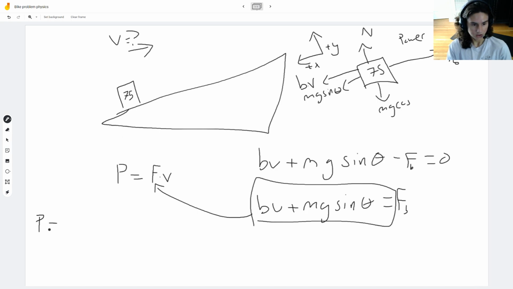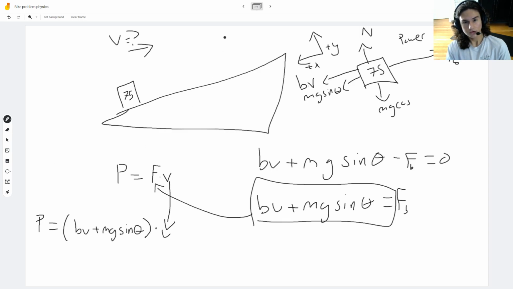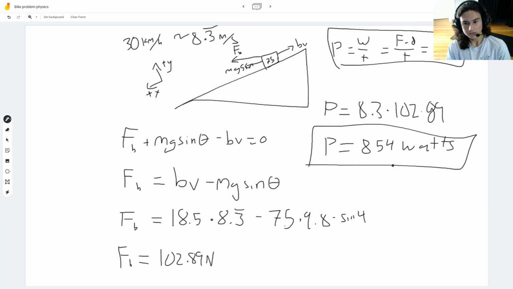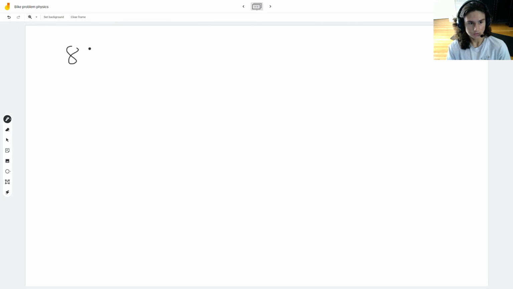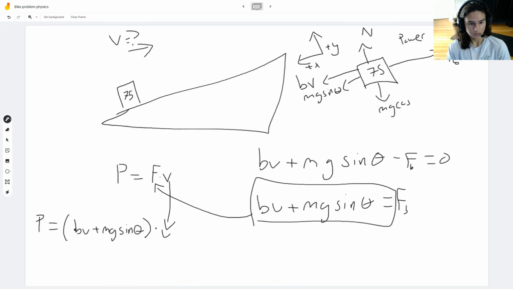So we have power equals bv plus mg sine theta, again, times velocity. So we have our velocity down here. Now all we have to do is sub in our values. We have a power of 854 watts. I'm going to go to the next page. 854 equals, we know what B is.